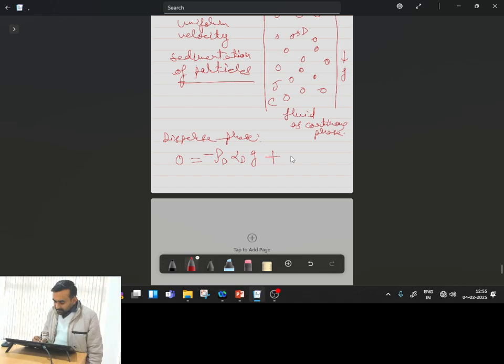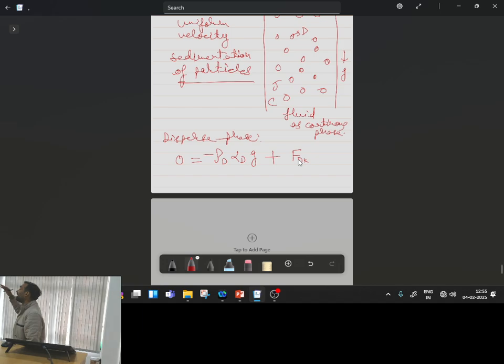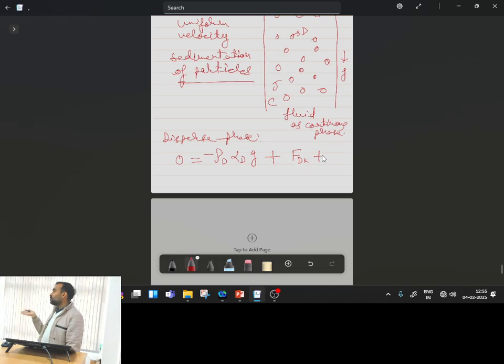Let's consider F_dk as the interaction force acting on the dispersed particle because of the surrounding phase. Are all clear with this idea? Then will I have surface force at the boundary of the control volume? Because the dispersed phase is not lying at the boundary of the control volume, the surface force for the dispersed phase at the boundary will be 0. So this is my momentum equation for the dispersed phase for this simplified situation.